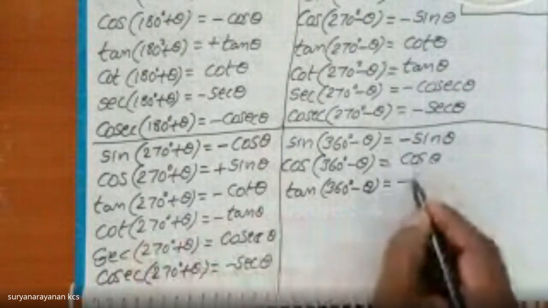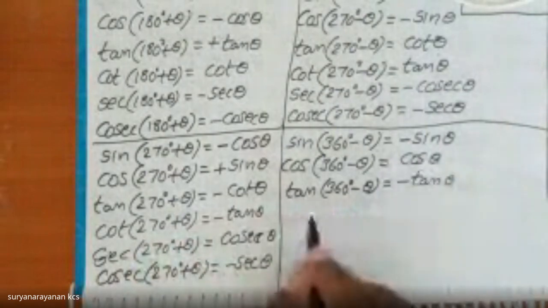Very good. Cot 360 degrees minus theta. Tell me. Yes, very good, Percy. Very good, Ria. Minus cot theta.